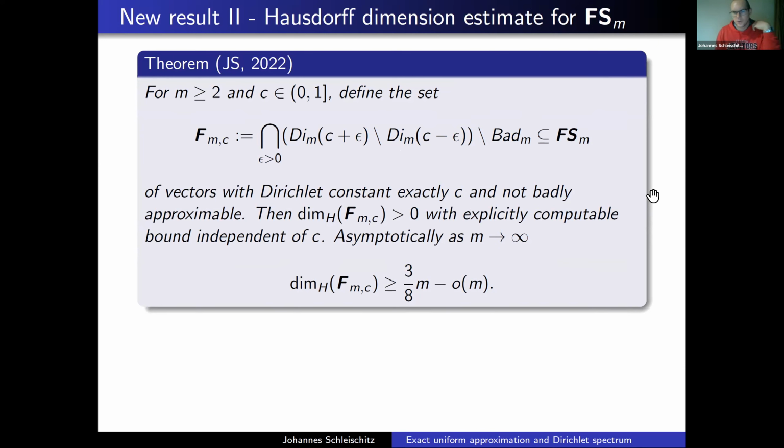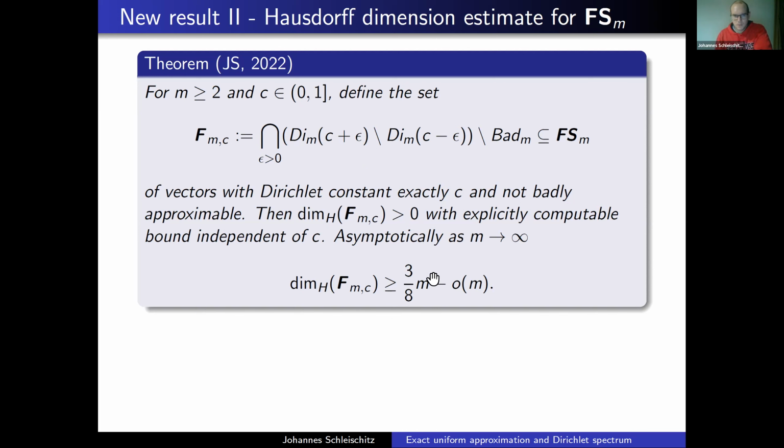In particular, they are of course not singular when they have exact constant C. When I call this set FMC, then again I can show that it also has positive Hausdorff dimension, and I can even give a lower bound.